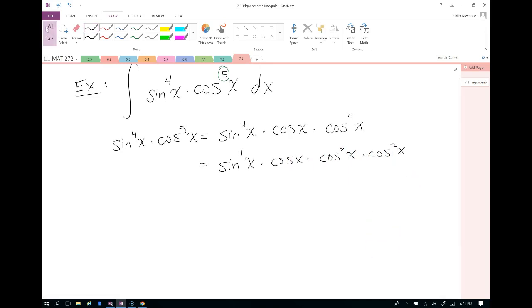And just like we were able to solve our Pythagorean identity for sine squared, just the same way we can solve for cosine squared and figure out an expression to replace cosine squared with. And it turns out that cosine squared is equal to 1 minus sine squared.